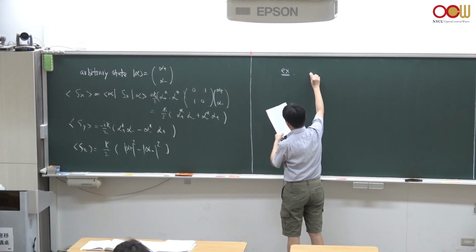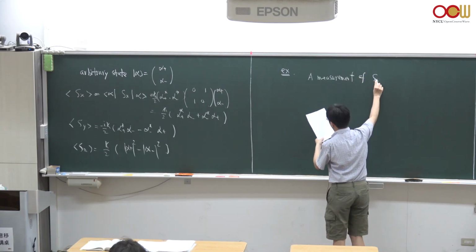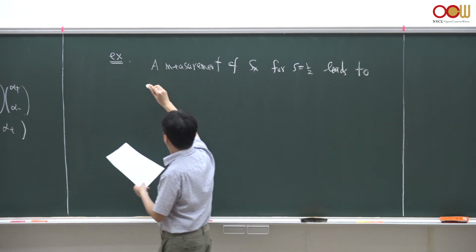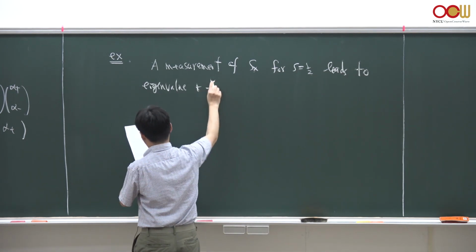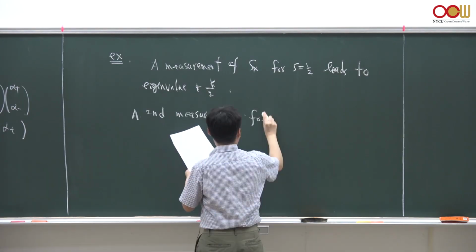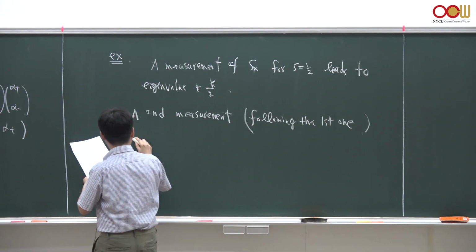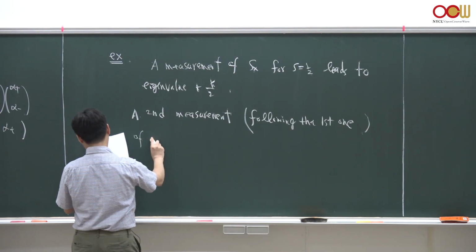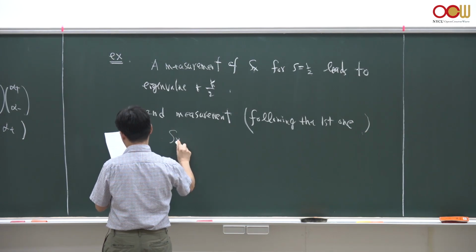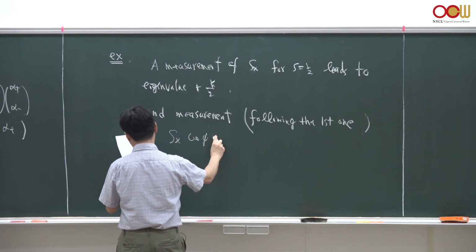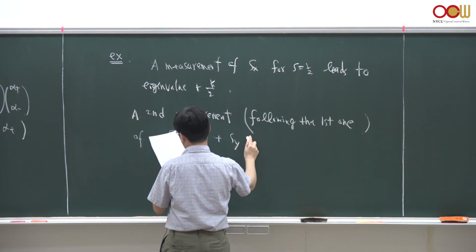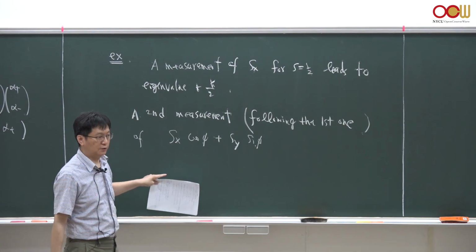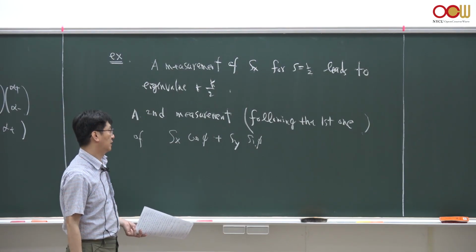So a measurement of Sx for a spin 1/2 system leads to the eigenvalue plus 1/2 h bar. A second measurement following the first one, but this time the second measurement is not of the Sx operator, but of this generalized operator, or any other arbitrary spin 1/2 operator that you can form by linear combinations of Sx, Sy, and Sz.